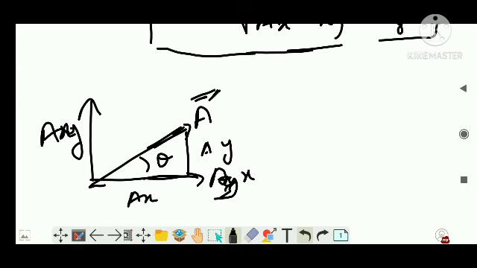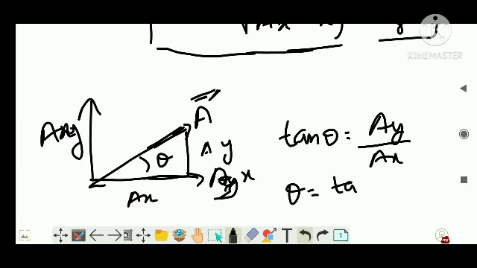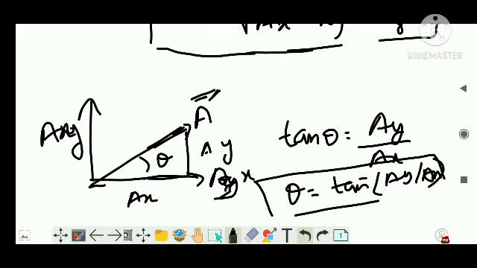So from the triangle I can write tan theta is equal to ay by ax, or theta is equal to tan inverse ay by ax. That is, the angle made by the vector with the x component is given by theta is equal to tan inverse ay by ax, that is y component by x component.